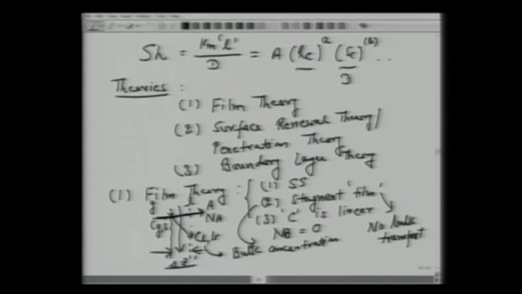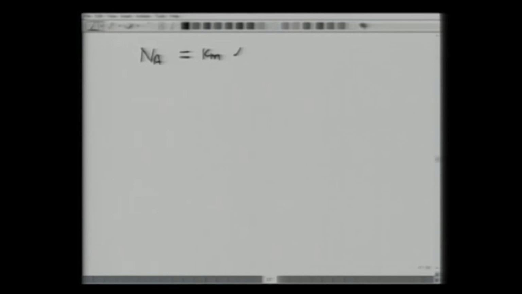As a consequence, we can write that the diffusion flux NA equals the mass transfer coefficient Km times del C. So this del C is nothing but CGI minus CL in the bulk.